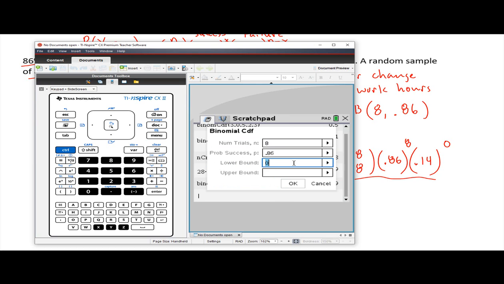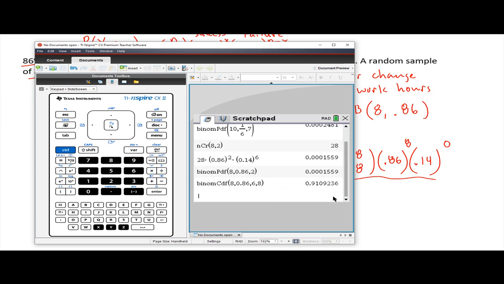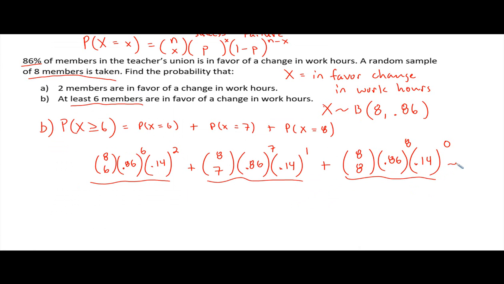Greater than or equal to 6 means the lowest number x can be is 6. What's the highest? The highest number is 8 because there's only 8 trials, 8 people. We click that in, we get 0.91092. So this is going to be approximately 0.91092.